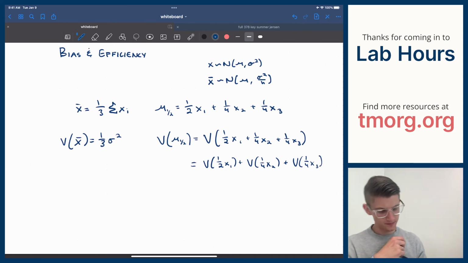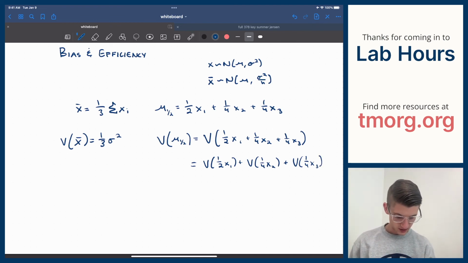Easy peasy. Then I'd pull out my constants and square them. That would be 1/4 the variance of x1 plus 1/16 the variance of x2 plus 1/16 the variance of x3.